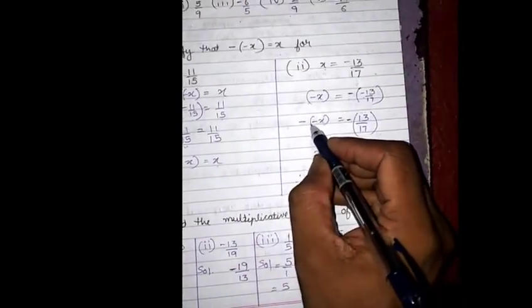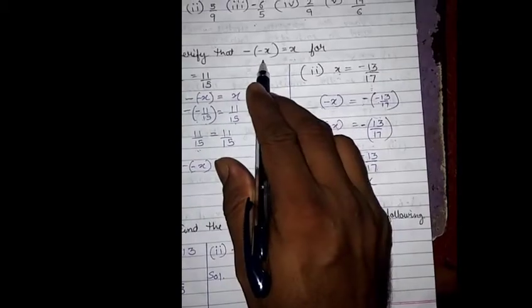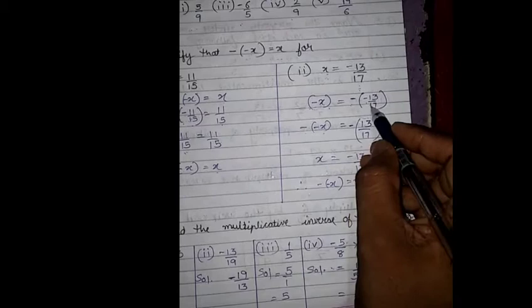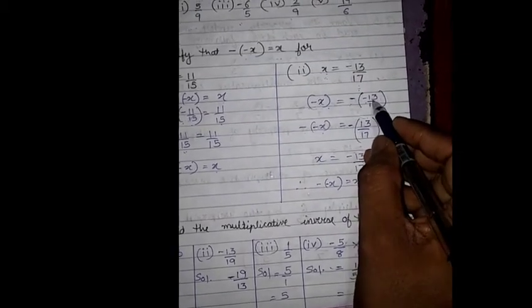Now again I will try to find the value of minus x. So minus x means, now what is the value of negative x? Here, see, it is given. It is going to become positive 13 upon 17, and put minus sign outside the bracket.